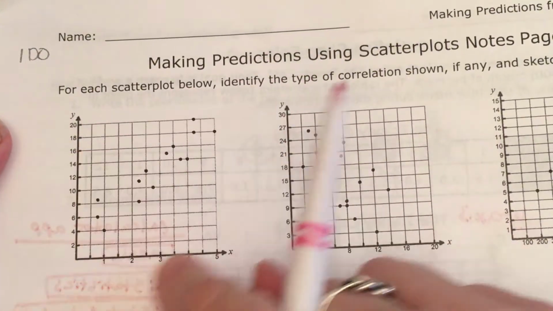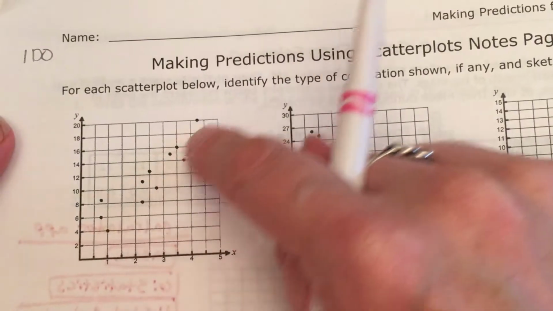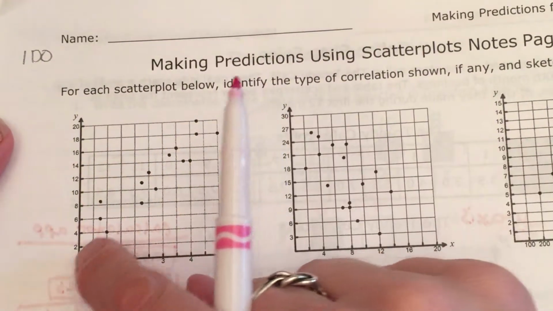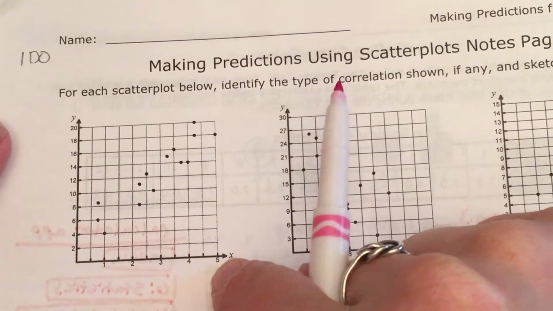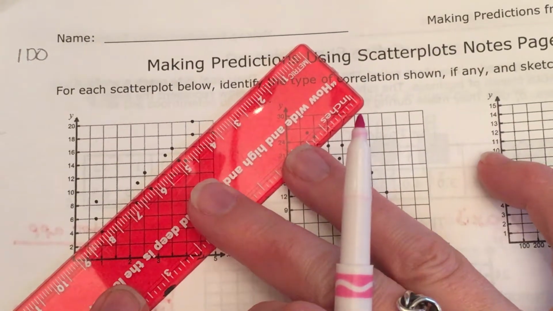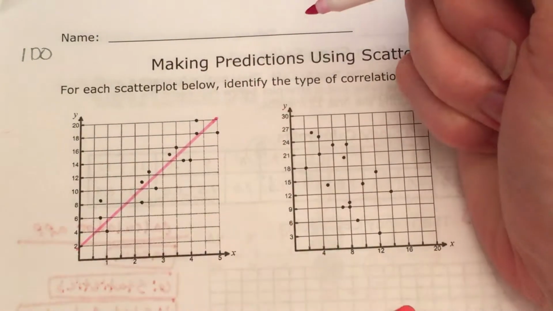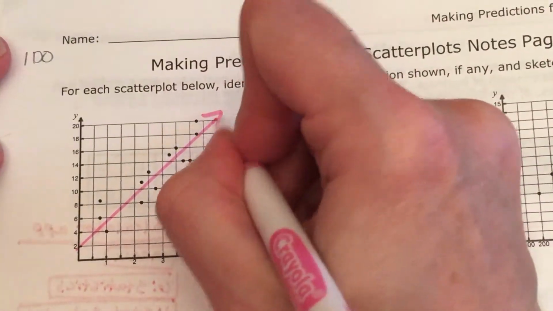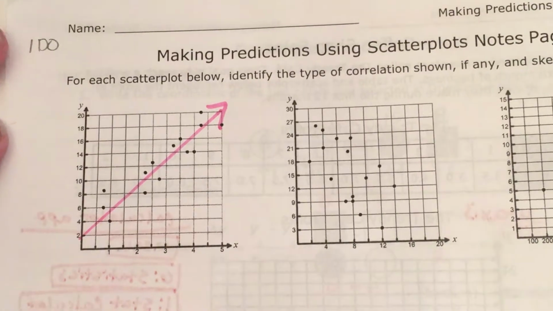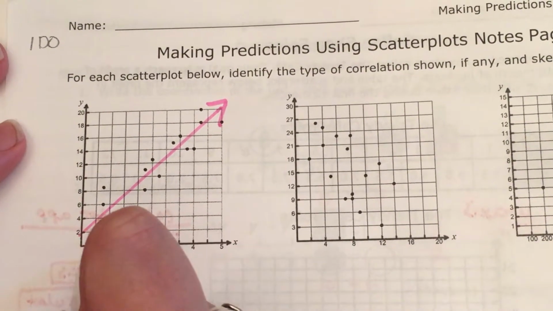In this first graph, you'll see that the points are headed in a general upward direction as you head right across the paper. And if you draw your trend line through the average area of the points, you see, these are pointing upward. This is considered a positive correlation or a positive trend.